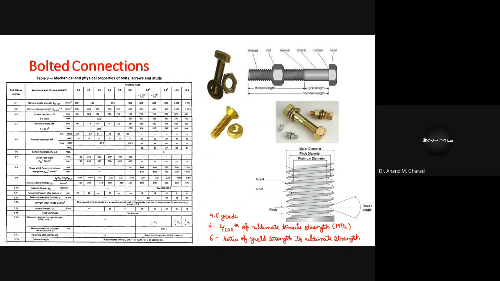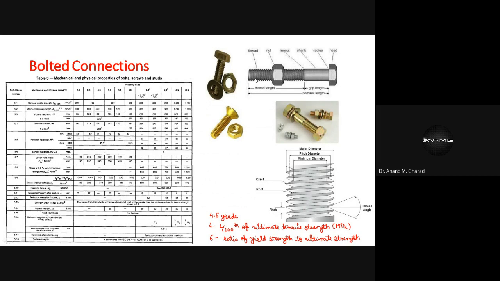So this is, you can say, a turned bolt, which normally is made use of. Okay, so these are various components of a bolt, and you can see the head of this bolt is hexagonal in shape, right? So a typical hexagonal shape can be observed for the nut also.